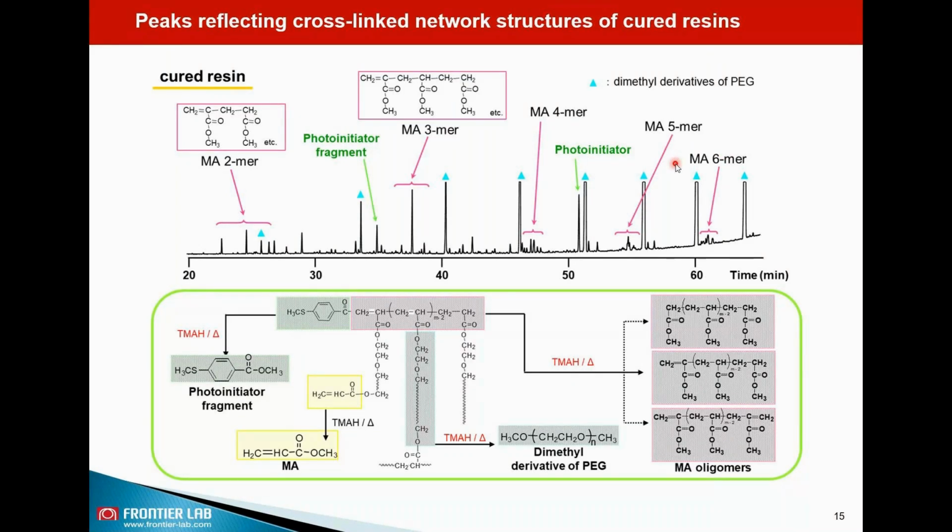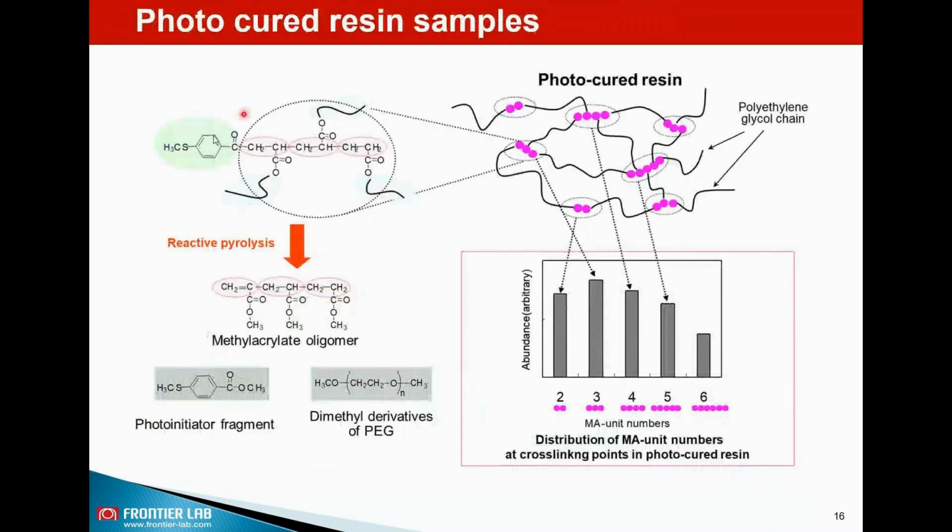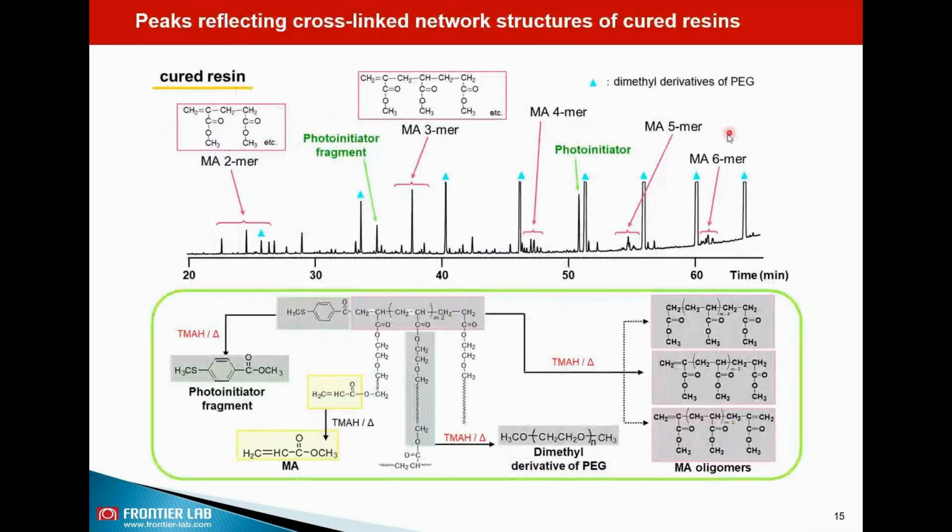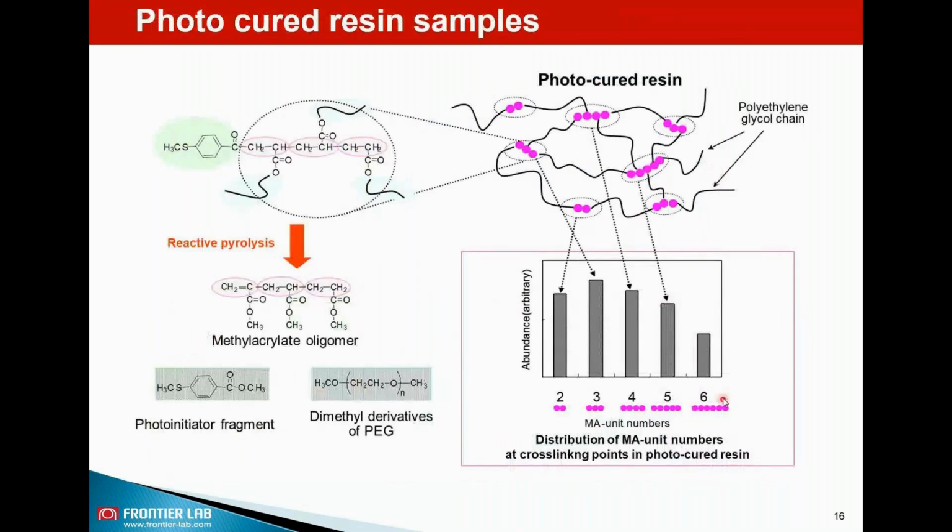So in other words, if you look at this photopolymer, the cured resin will have so many of these networking structures, and each of these, when I see a kind of hexamer, this methacrylate hexamer refers to this kind of cross-link and network structure.